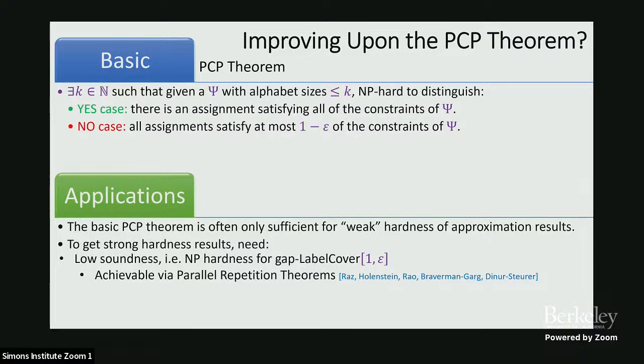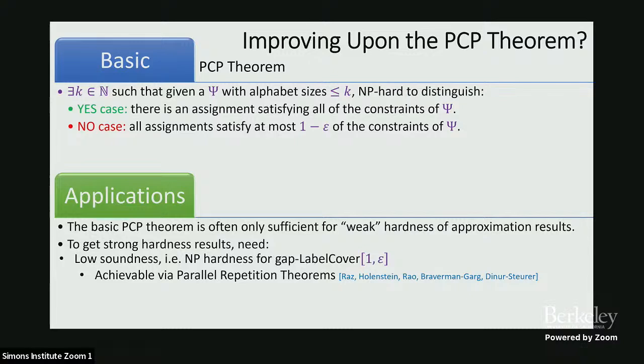So in the basic PCP theorem, you cannot do 1 minus epsilon, but 1 minus epsilon is still a lot, and we want to improve upon that. This is what is called the low soundness regime. You can hope to prove that maybe label cover is still hard, even if you want to distinguish between fully satisfiable instances and instances that are at most epsilon satisfiable. And this is indeed the case.